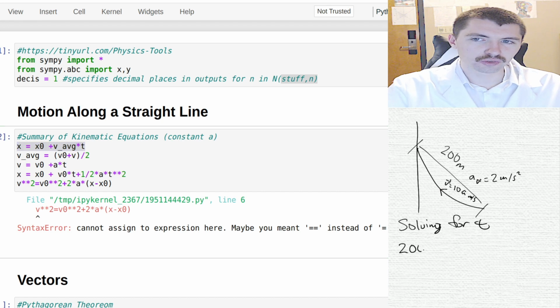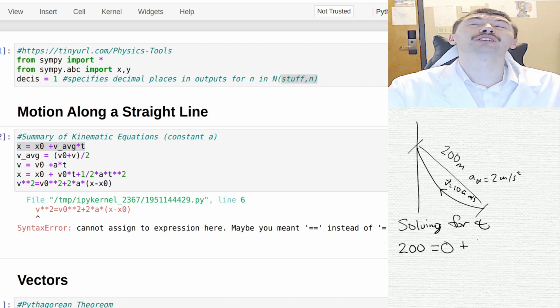Distance is 200. x is, we start at, we can just say that's 0. Plus v average.